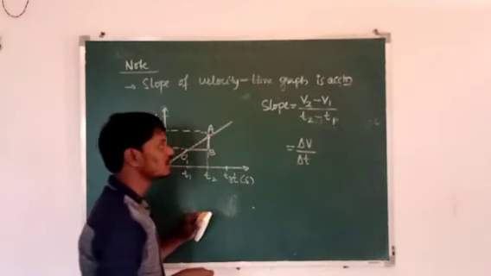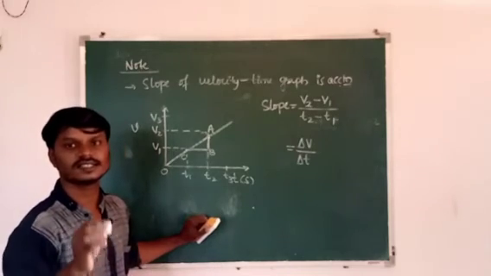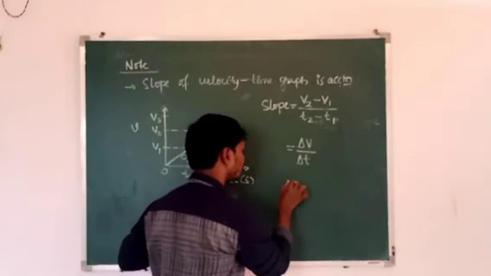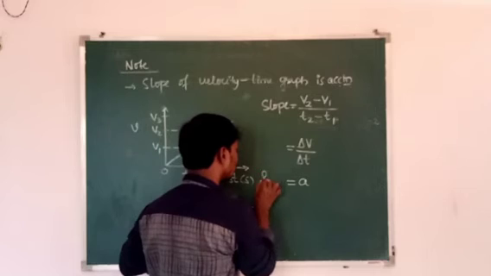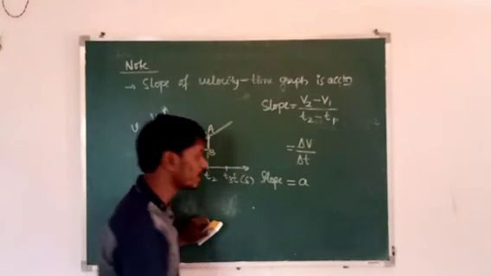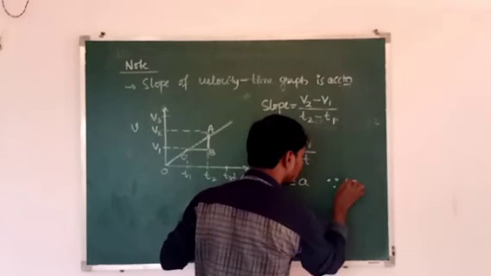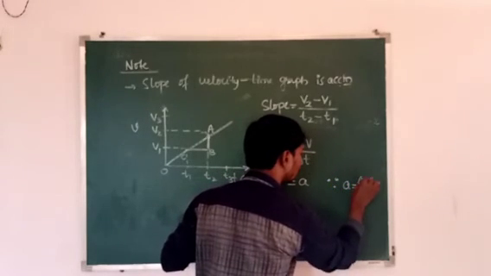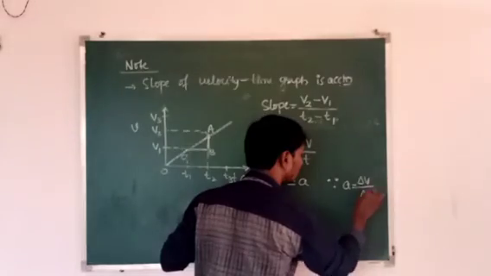That is nothing but acceleration, a. Then what is the slope of velocity versus time graph? That is acceleration, because acceleration is nothing but the change in velocity divided by time taken.